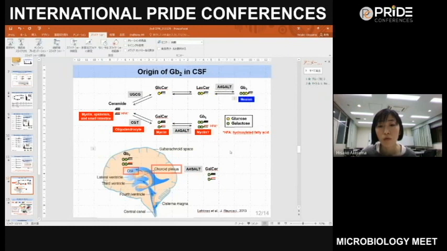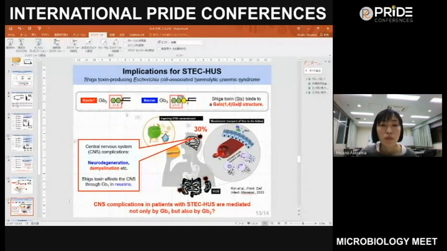Finally, I would like to discuss a relationship between GB2 and STEC-HUS. GB3 has been reported in neurons but not in glial cells. GB2 and GB3 both have a galactose alpha 1-4 galactose beta structure at the terminal of the oligosaccharide chain.